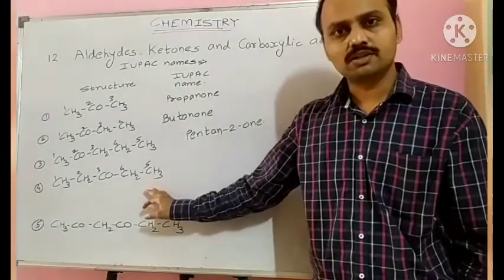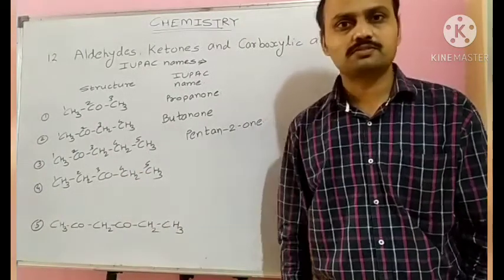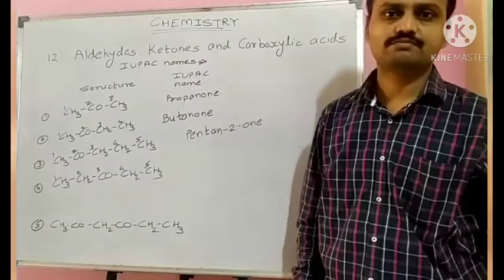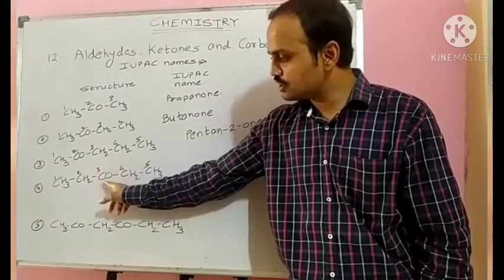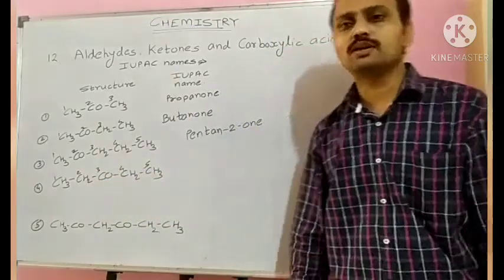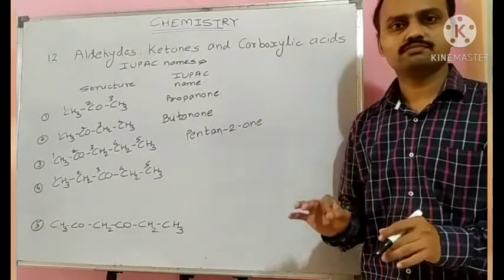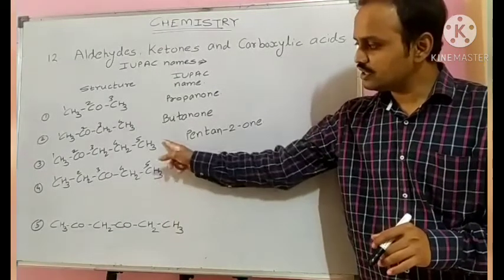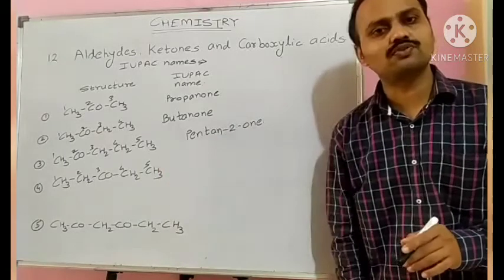Parent hydrocarbon of total 5 carbon atoms will be pentane. By mentioning the position of C double bond O functional group, name of this compound will become pentan-3-one. I told you there is a quite similarity between structure number 3 and 4.